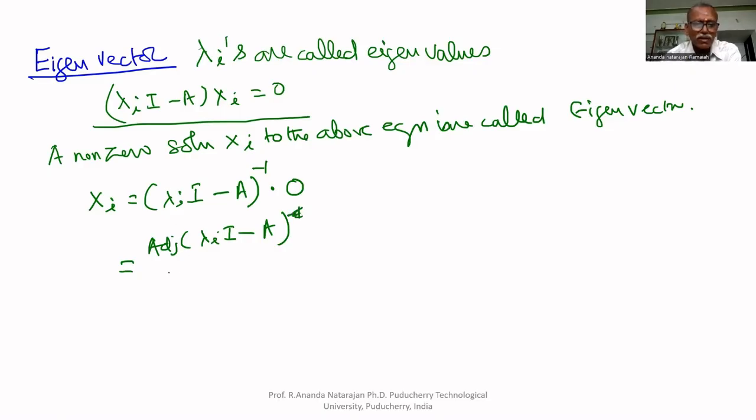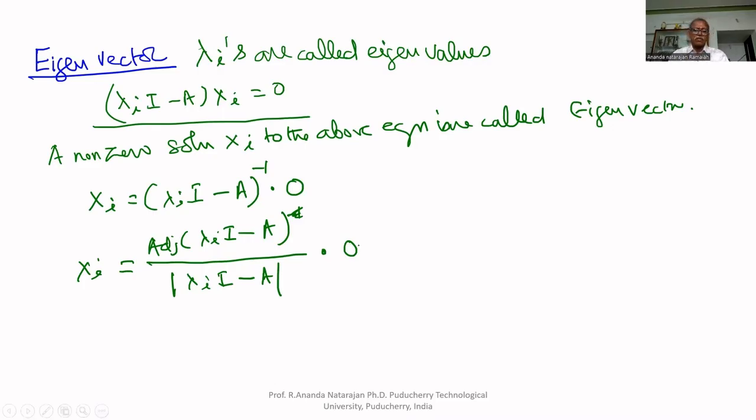This xi is 0 because it is multiplied by 0. A non-zero solution is obtained only if it is 0 by 0, which is undefined.